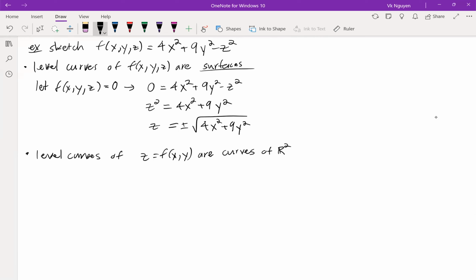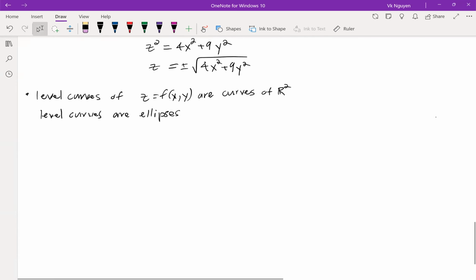So you know this one, level curves are ellipses, because of the 4x squared plus 9y squared. It's not going to be a circle. You can use Desmos and you will see. So you're going to have an elliptic cone for the plus and an elliptic cone for the minus.